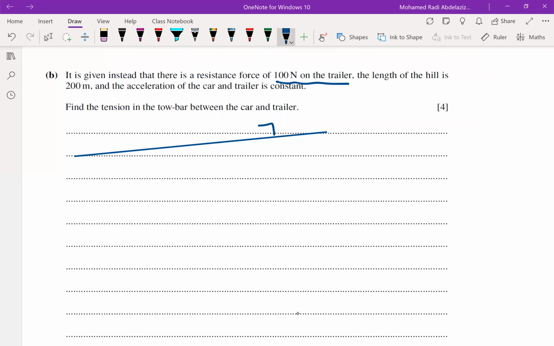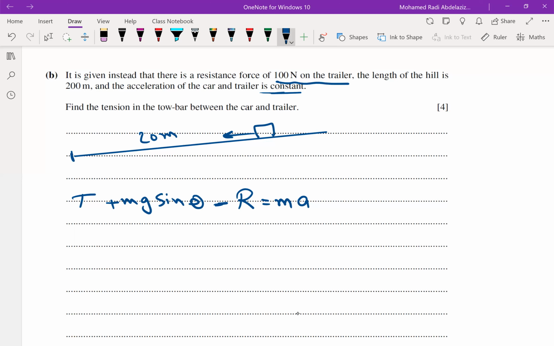So for the trailer, when it is moving in this direction, when you write its equation, all the forces in the direction of motion, which are tension and mg sine theta for the trailer, minus the frictional force, which is resistance, is equal to ma. So you can find the acceleration. It's given the length of the hill is 200 meters, and the acceleration of the car and the trailer is constant.